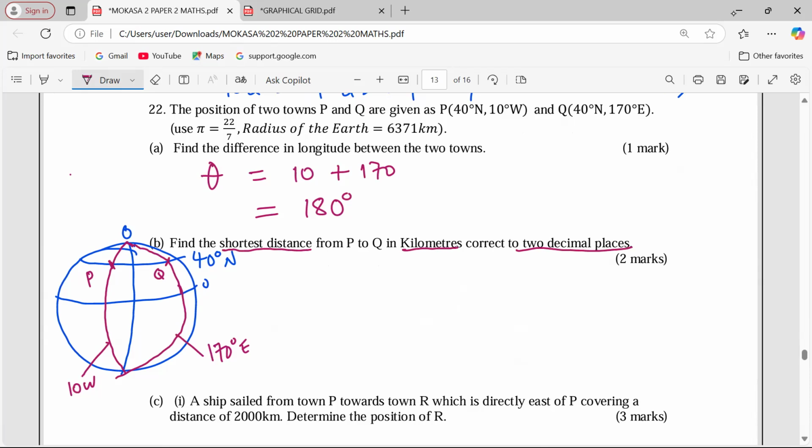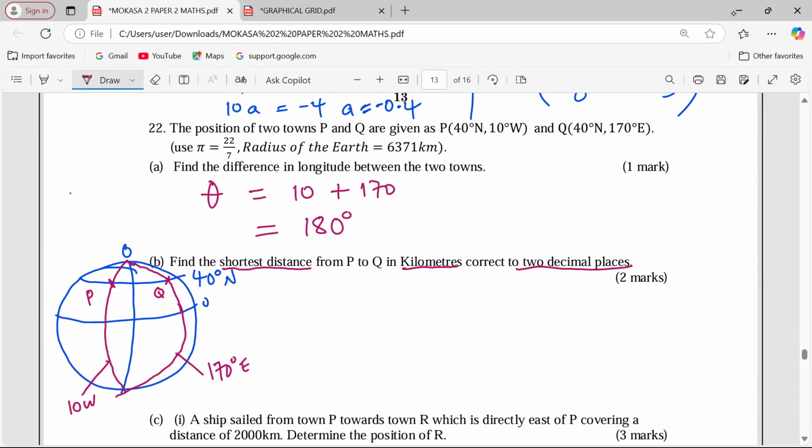Now, when you look at the nature of P and Q, you discover that these are places on what we call supplementary longitudes. Supplementary longitudes are longitudes which add up to 180. 10 in the west, 170 in the east. Now, there is something wonderful about these longitudes.